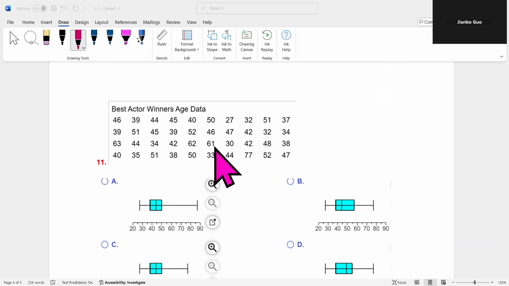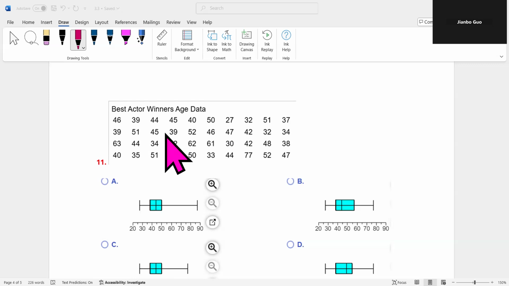Ideally, we want a data set that is already sorted, with the values arranged in either descending or ascending order. But in this case, we don't have that ideal case, so we would need to manually rearrange those values and put them in ascending order.